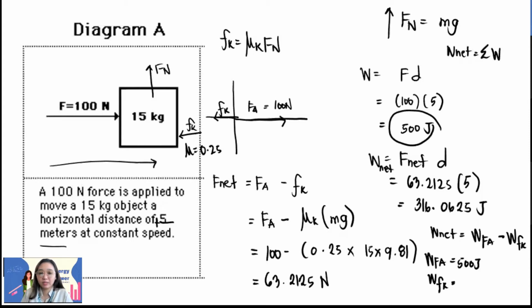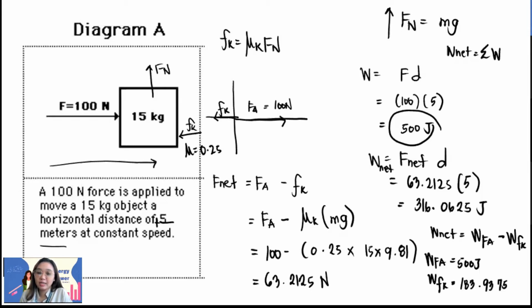So, work done by the friction, 0.25 times 15 mass times 9.81, times 5, which is a displacement. So, 183.9375.